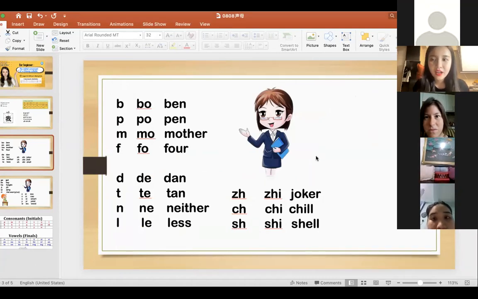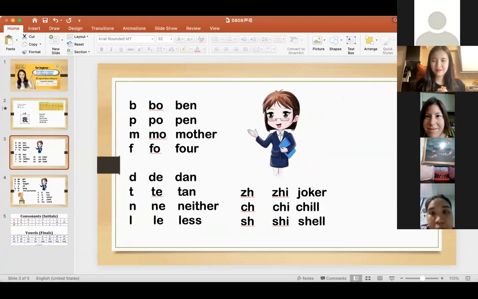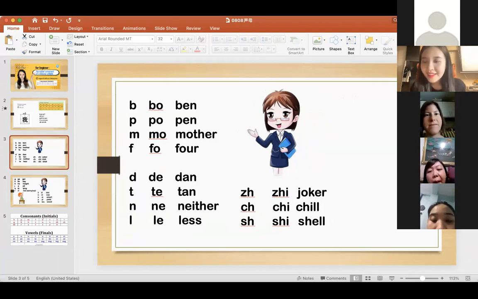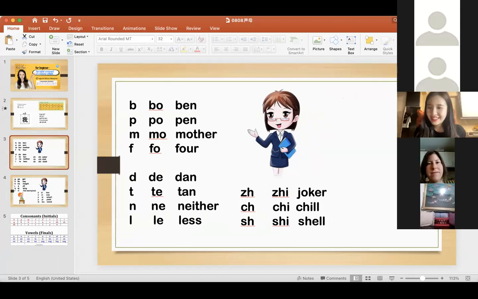Can you hear me? 你叫什么名字？She muted herself again. Okay, let's try another student.